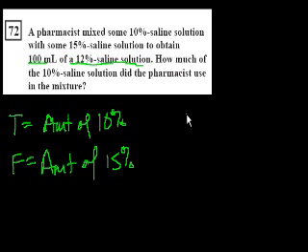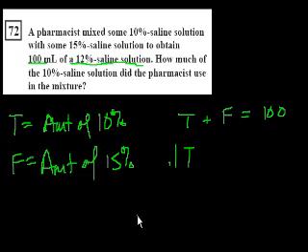So the amount of 10% solution plus the amount of 15% solution has to equal 100 milliliters. We'll just assume we're dealing in milliliters. That equals 100. And then, how much saline are we going to end up with? The 10% saline solution is going to contribute 10% of its amount as saline, right?